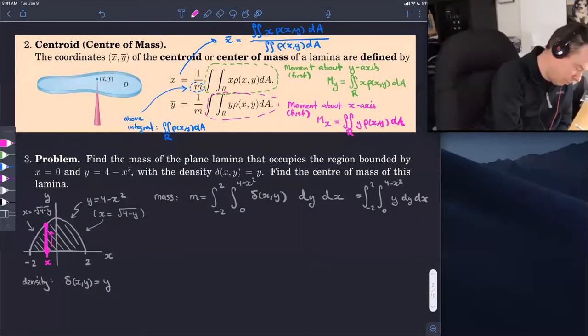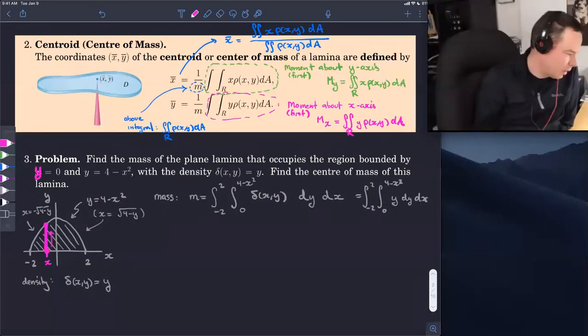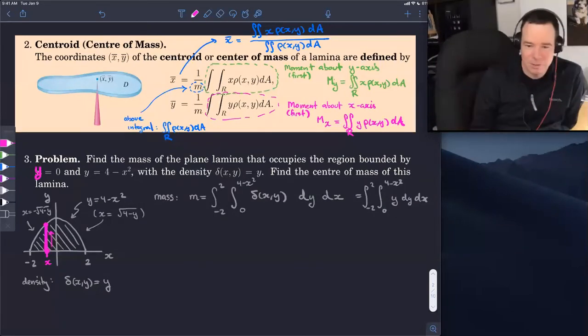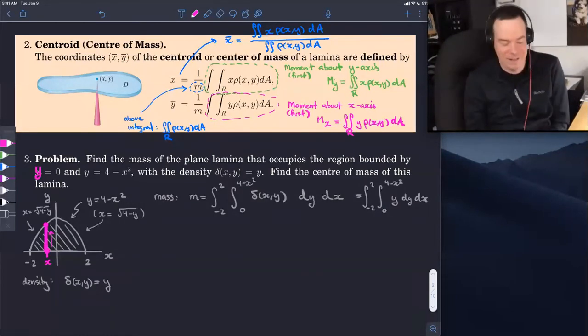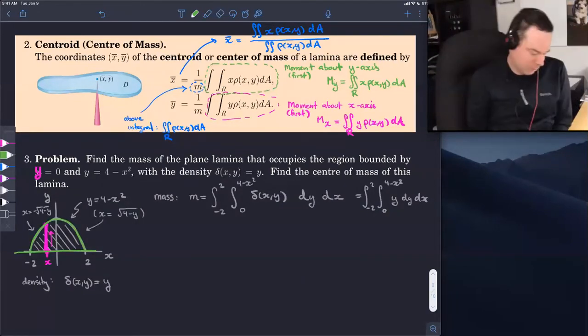Yes, you are absolutely correct. That should be y equals 0. Thanks for that. Exactly, that was a typo in my question. I was working with it as y equals 0, but you're right, I had a typo there. So yes, y equals 0. So in other words, this is one of the bounding curves, and then this is the other bounding curve. Thank you very much for pointing that out.